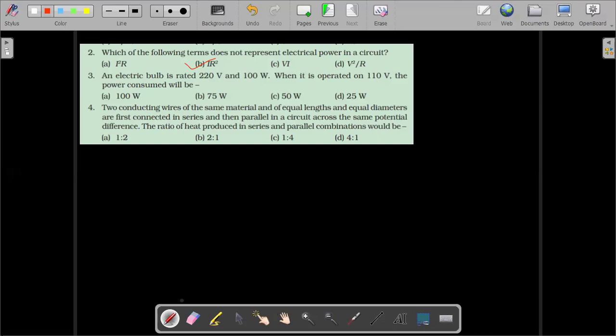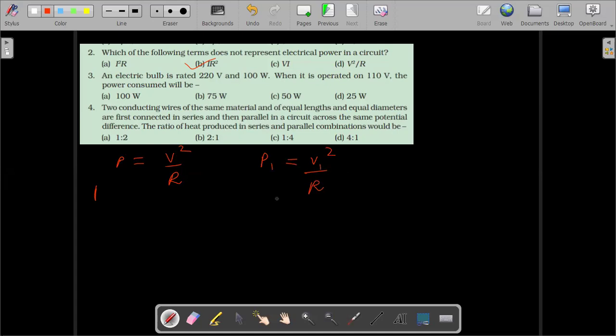Okay. Let's try to solve this. So first of all, which formula of power should we use? P is equal to V squared by R. Yes, we'll use here the power is equal to V squared over R. So the initial power P1 can be written as V1 squared over R, where V1 is 220.